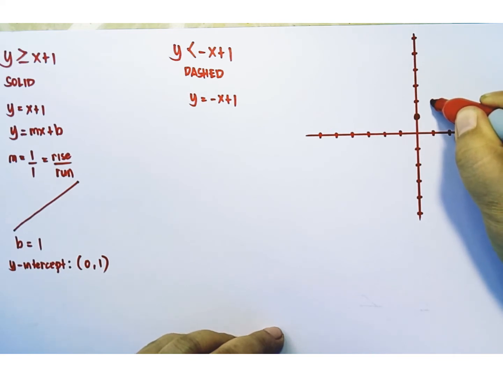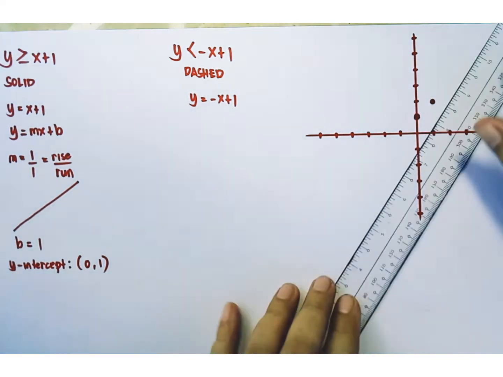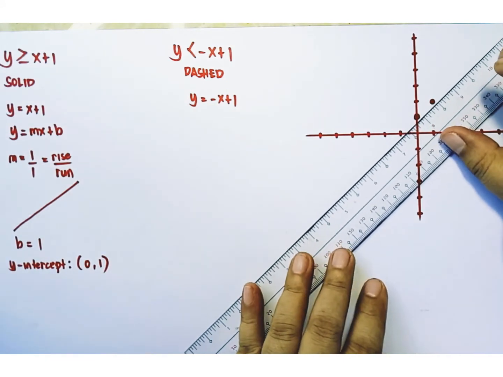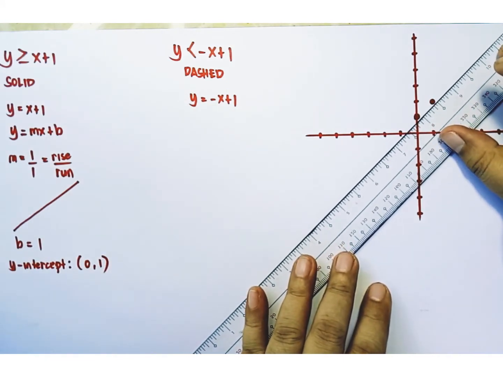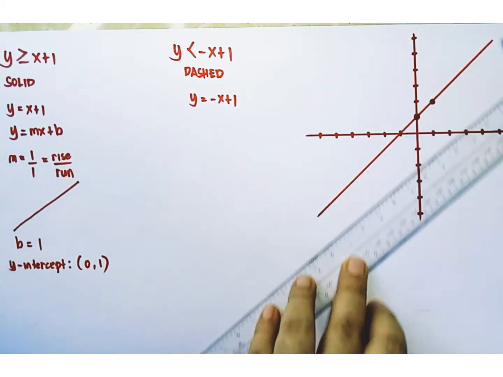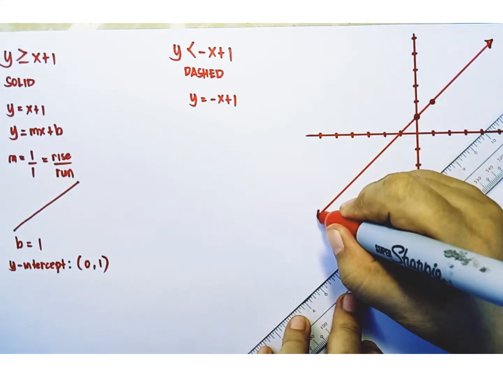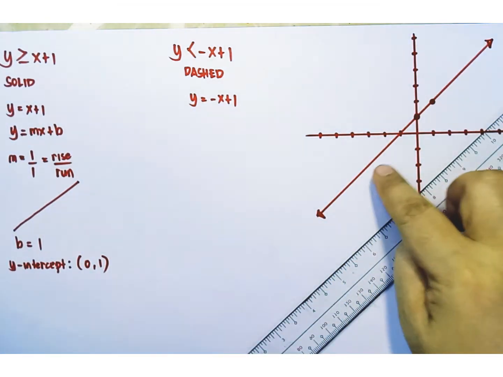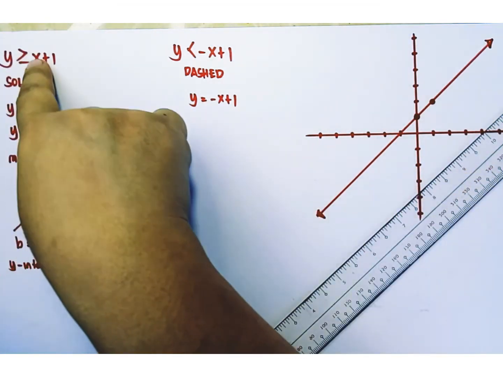This is our second point. Then let's draw a solid line passing through these two plotted points. This is the borderline of the first inequality.